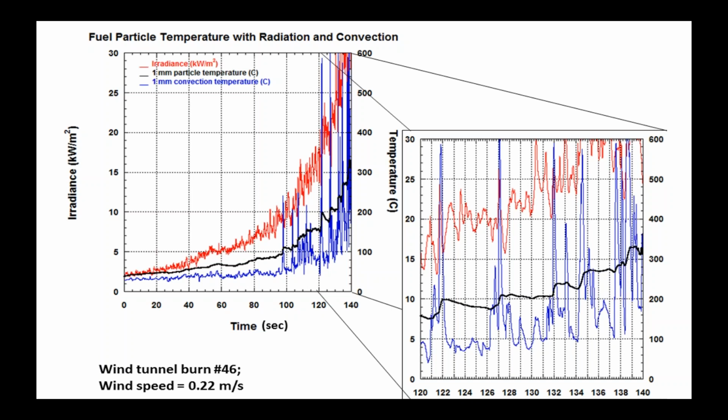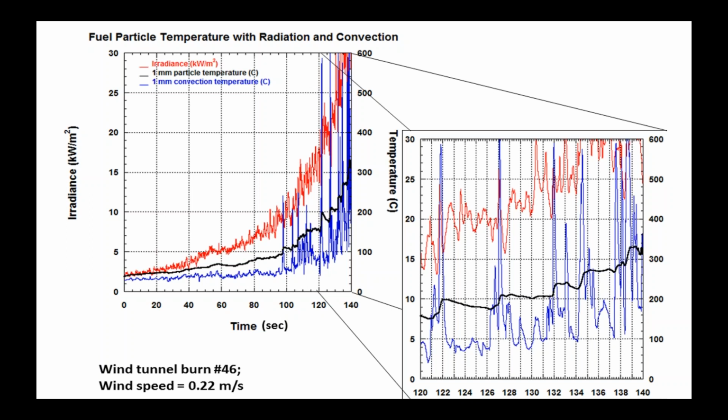The red line is the radiation received by the particle, and you can see it goes up to close to 30 kilowatts per square meter. So that's at the peak. The blue line is the air temperature, and that would include the flame temperature when it's present, so just the gas temperature next to the particle. And then the black line is a thermocouple right on the surface of the fuel particle.